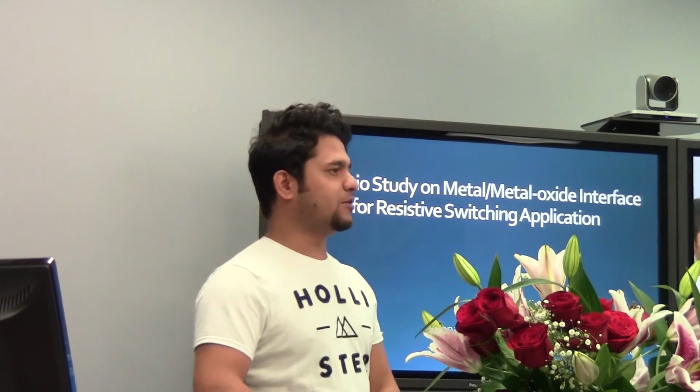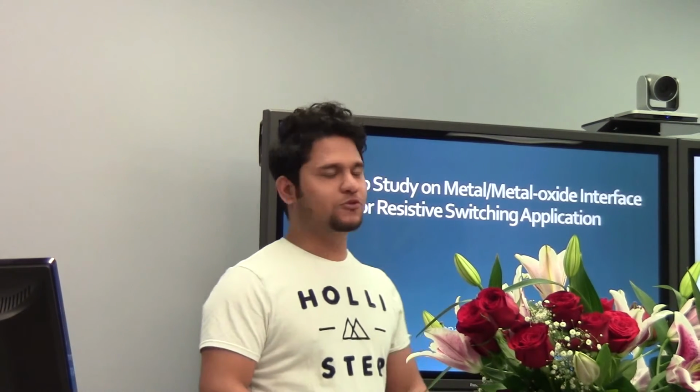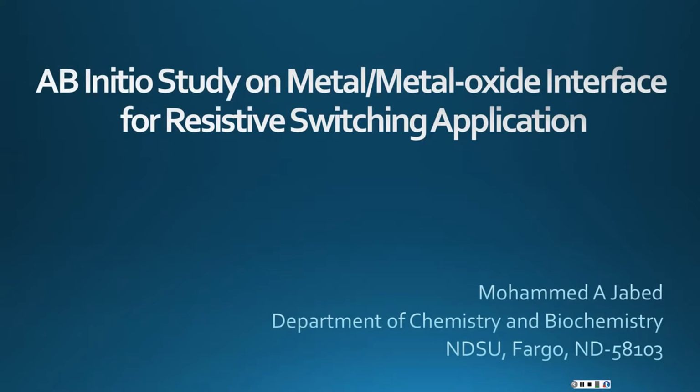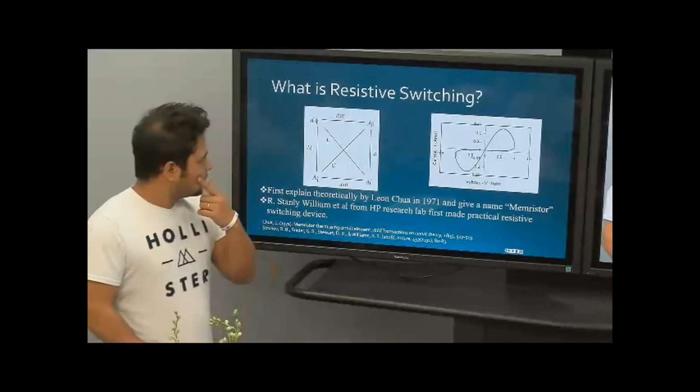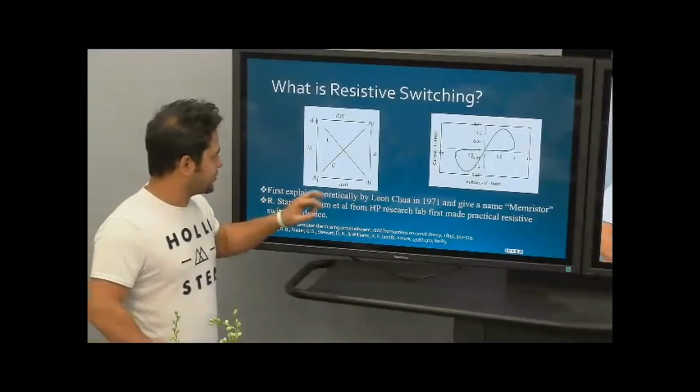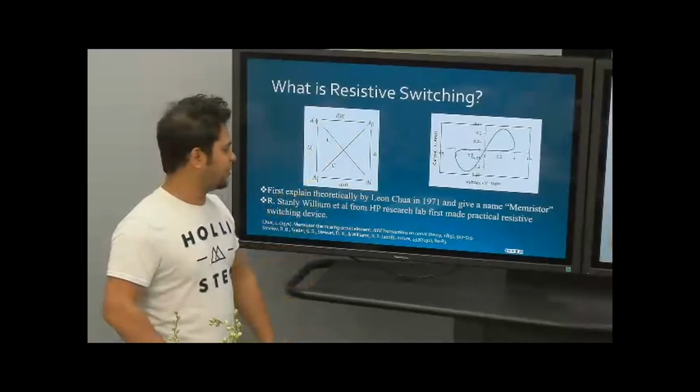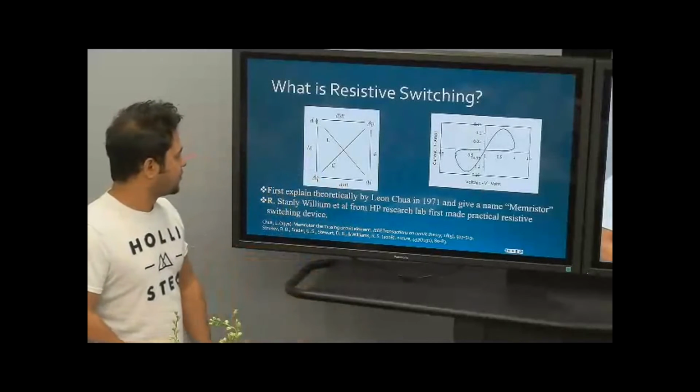So I'm going to talk about the initial state of the metal and metal oxide interface for resistive switching applications. Since resistive switching is a new topic, first, let's start with what resistive switching actually is. In electrical circuits there are 4 parameters: voltage, flux, current, and charge.